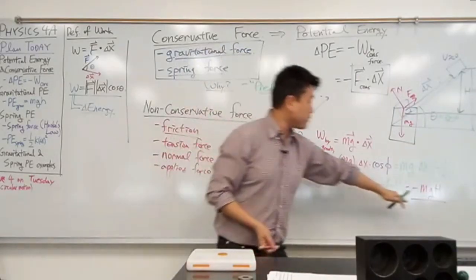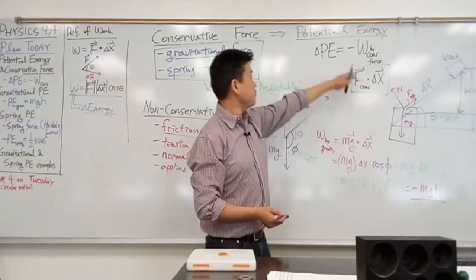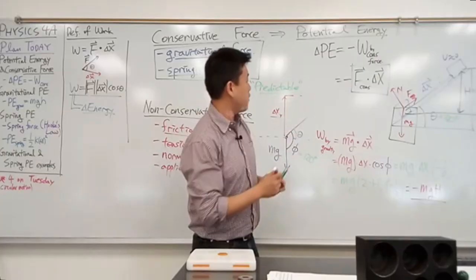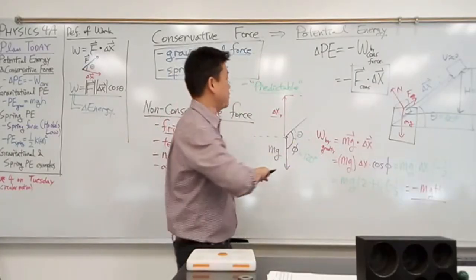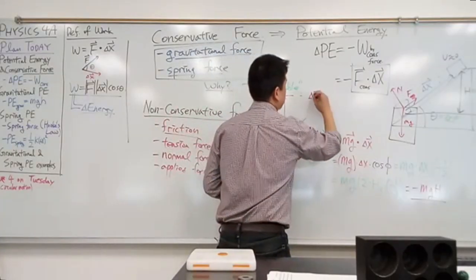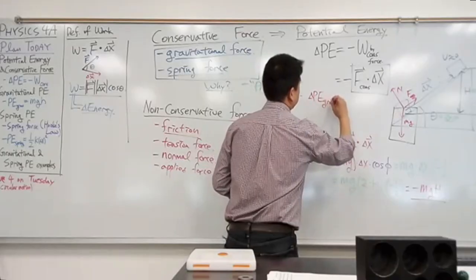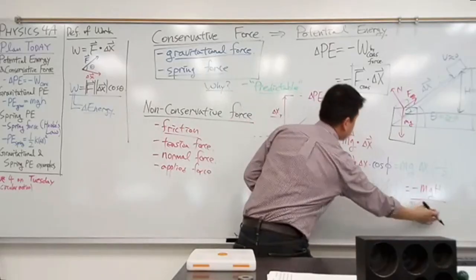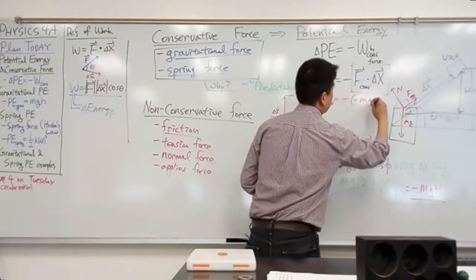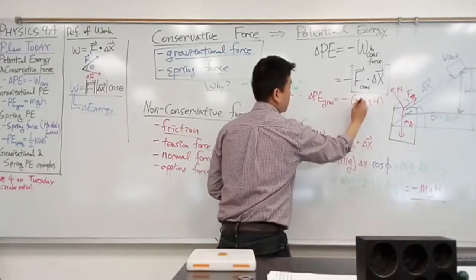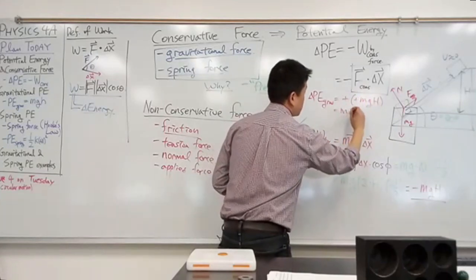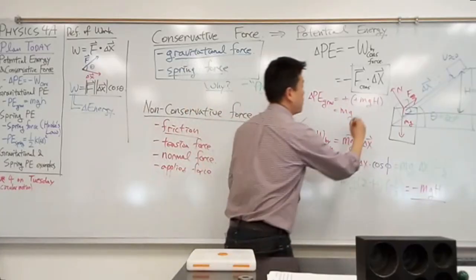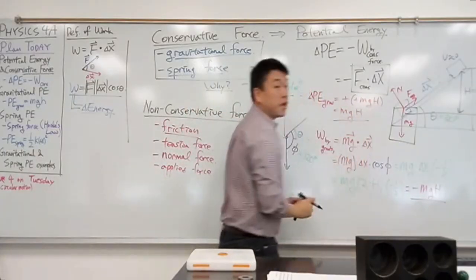So this is the work done by gravity. You use it here to derive the change in gravitational potential energy. The change in gravitational potential energy is equal to minus all this work done, minus mgh. So these two minuses cancel. And so when there's a change in height of h, the change in gravitational potential energy is mgh.